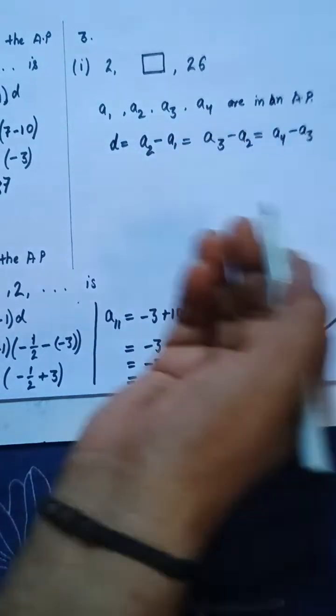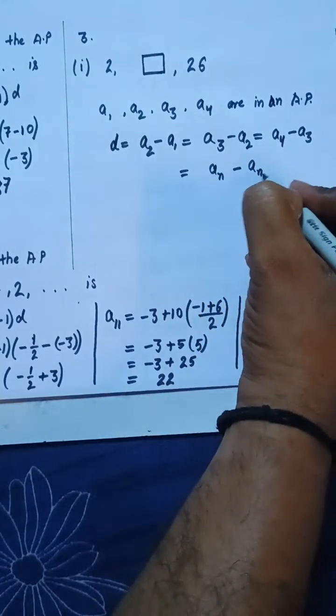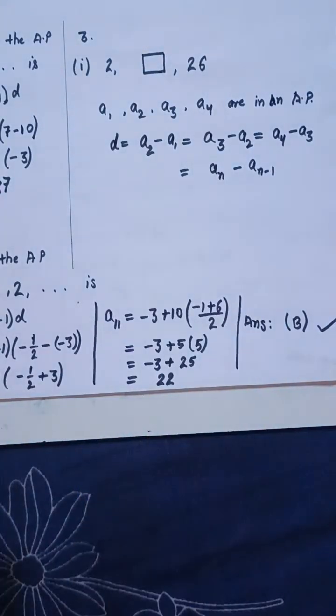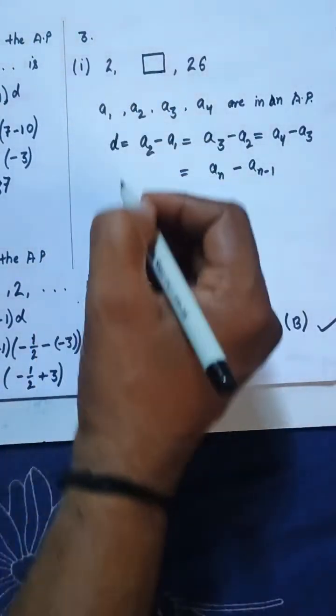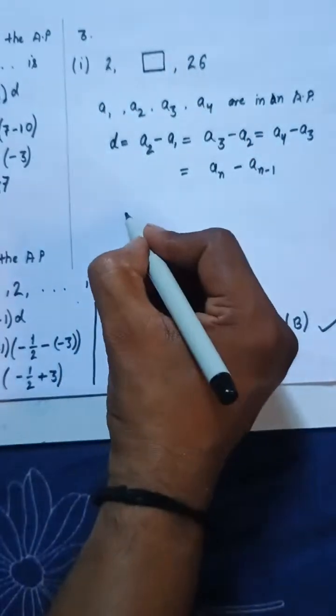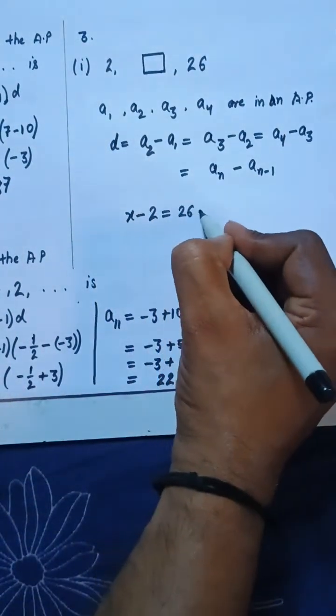If it goes up to n terms, we can easily say that an minus the previous term. Based on this concept we can easily find the missing term here. Suppose this is x, so x minus 2 will be equal to 26 minus x.